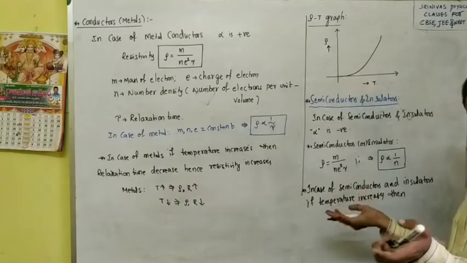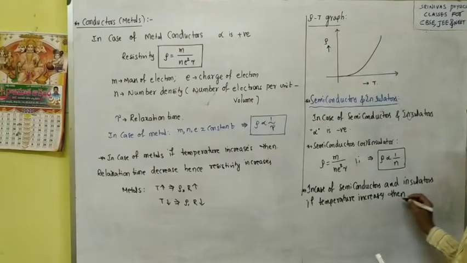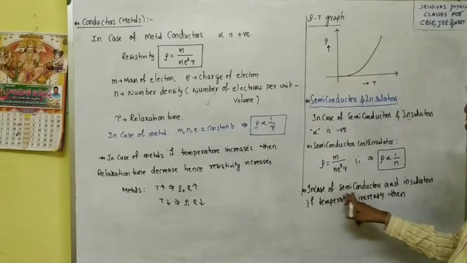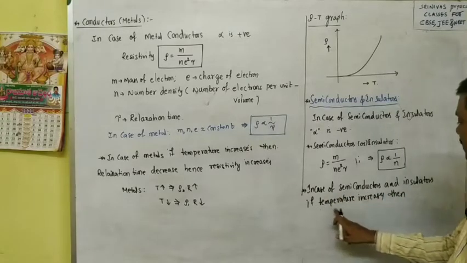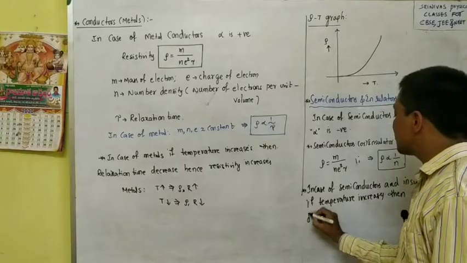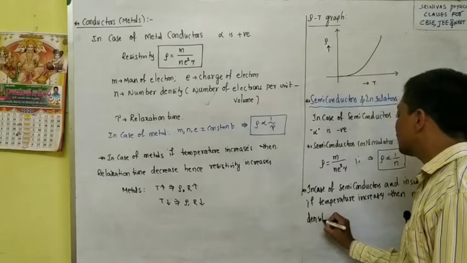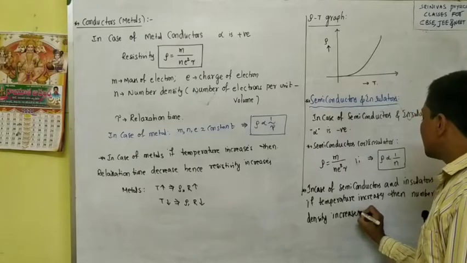Covalent bonds will break, and the availability of free electrons increases, right? Then n, the number density, meaning the number of free electrons per unit volume, increases.